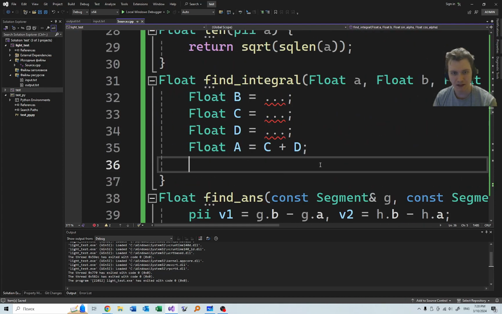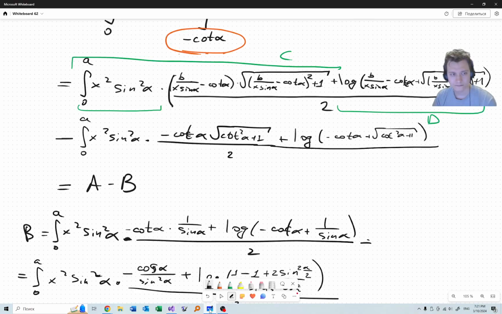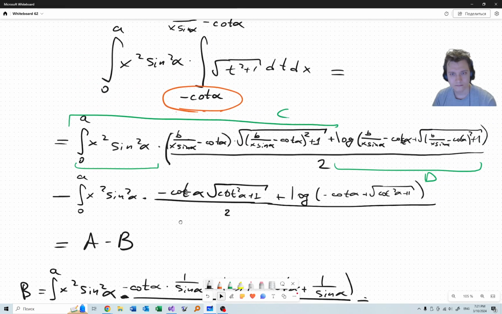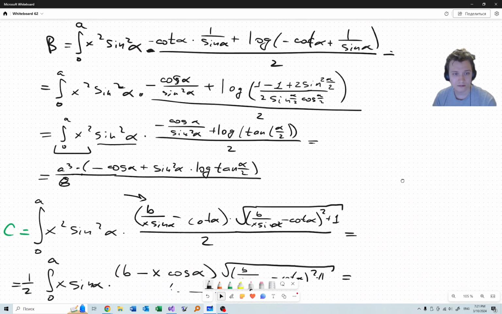Okay, we find c plus d. The answer is a plus a minus b, and return answer. So we need to find C and D, and B.